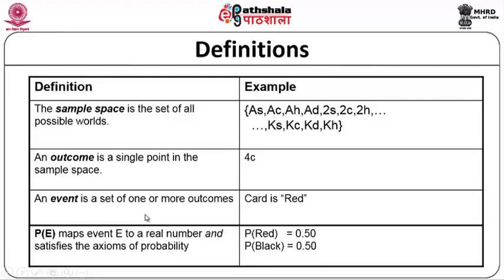An event can be, say, a card which is red from the given deck, and the probability of the event, for example, the chance of drawing a red card, is indicated as probability of red, which is equal to 0.5, or the chance of drawing a black card is also 0.5. So, events are quantified using some number.